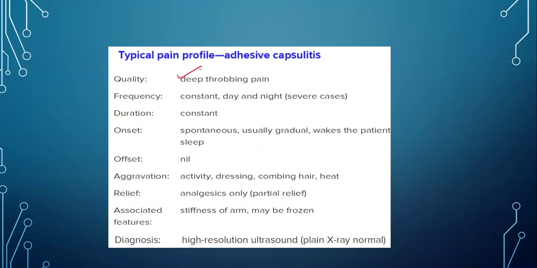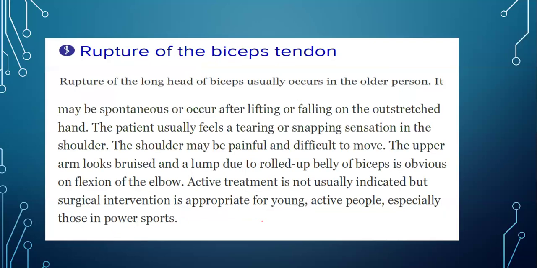There will be a deep aching pain, constant day and night, and the patient will not be able to do anything. So complete stiffness of the arm. The first movement that will be lost in a frozen shoulder is external rotation, followed by all the others. How to diagnose? Ultrasound.